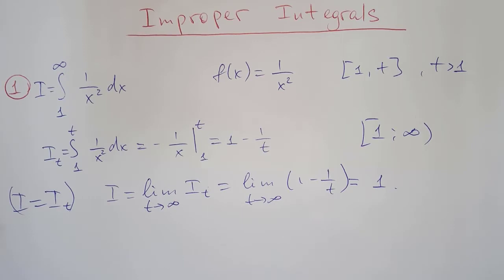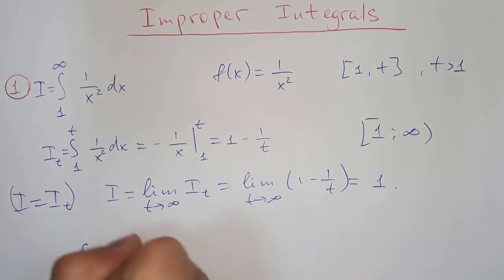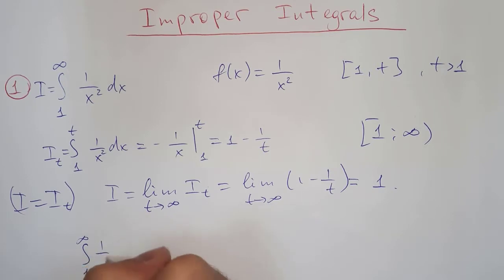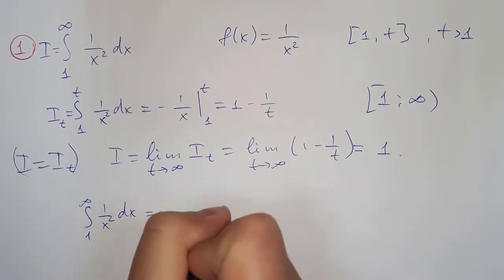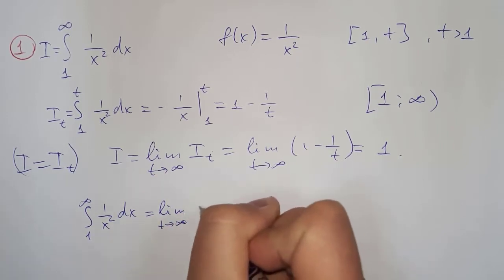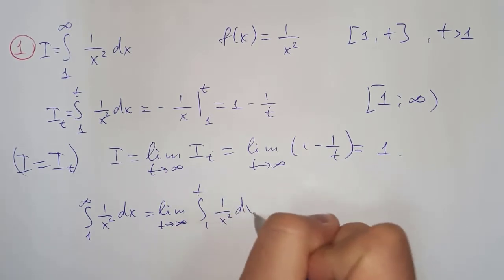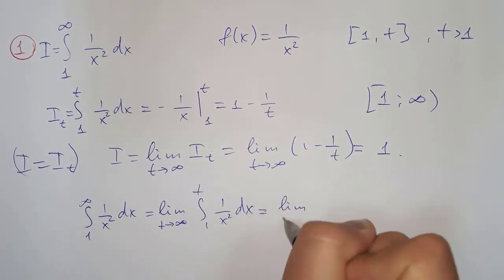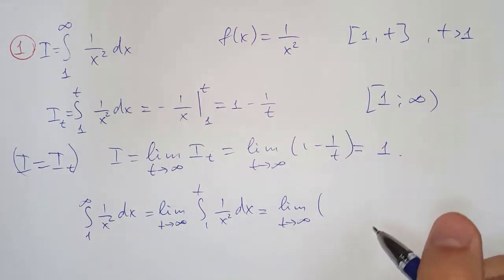It's just 1. Or we can do it more easily in the integral itself. We can write like this: the integral from 1 to infinity of 1 over x squared dx equals the limit as t tends to infinity of the integral from 1 to t of 1 over x squared dx, just without this notation.